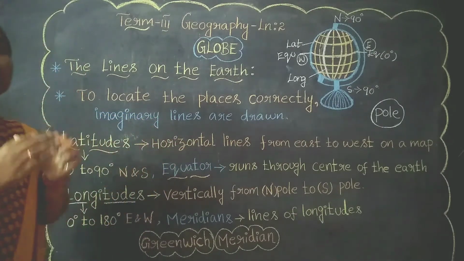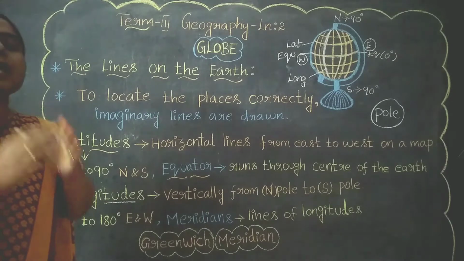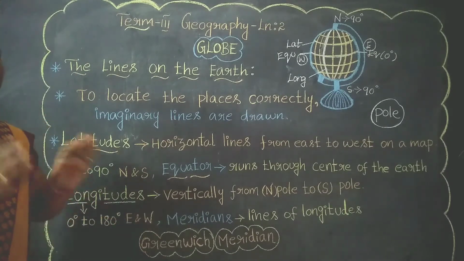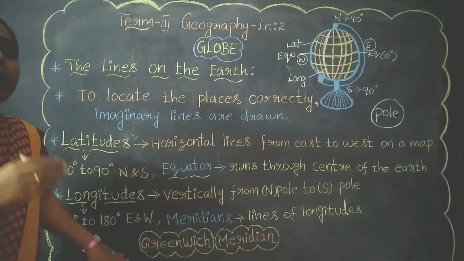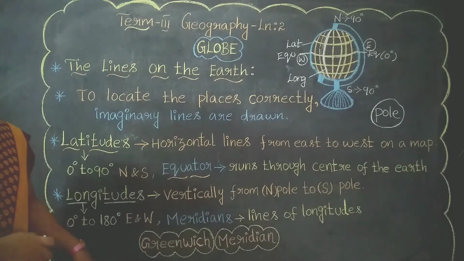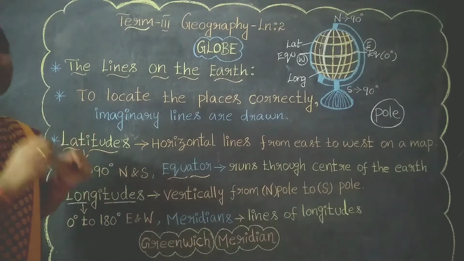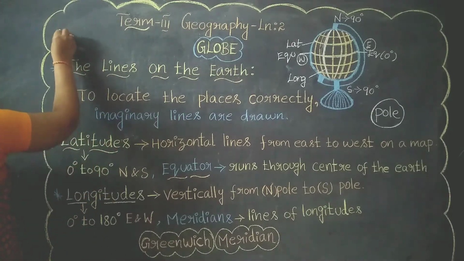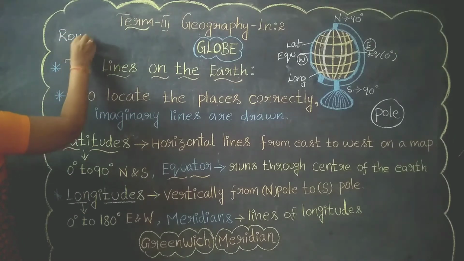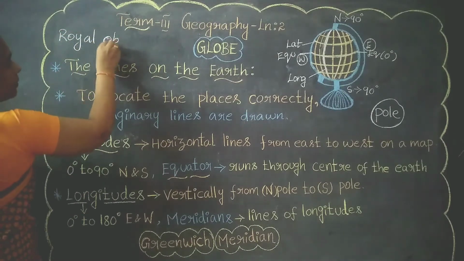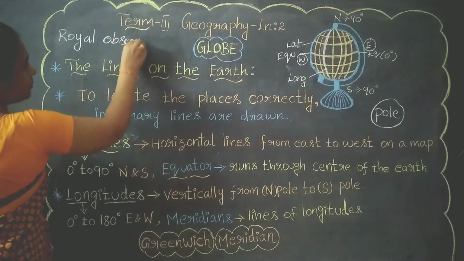And Greenwich is located where? In London. It is otherwise known as the Royal Observatory Greenwich.